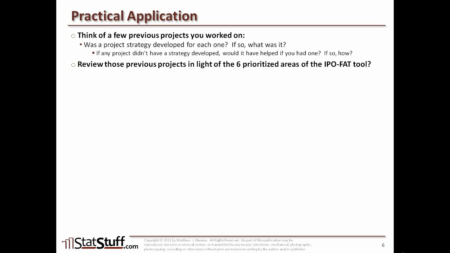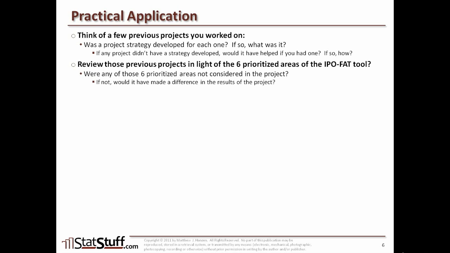Also, I'd suggest as you review those few recent projects, consider them in light of the 6 prioritized areas of the IPO-FAT tool. That is, those 6 areas that were numbered under the input and process columns. And ask yourself some of these questions, such as, were any of those 6 prioritized areas not considered as part of the project?